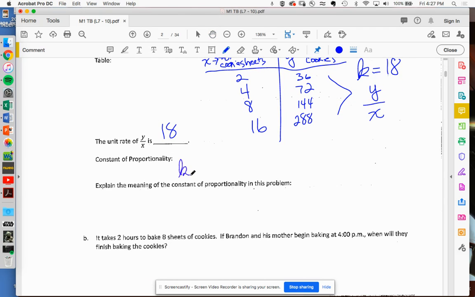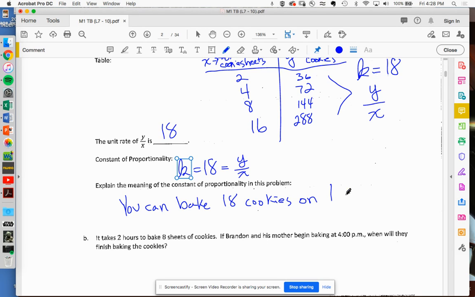That is K equals 18, which again is the same as whatever our Y is divided by our X, the dependent variable divided by the independent variable every time. And now, just like the problem before, what is the meaning of that? Well, you can bake 18 cookies on one cookie sheet.